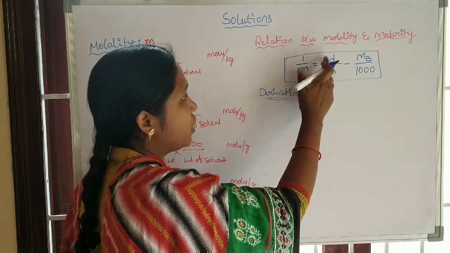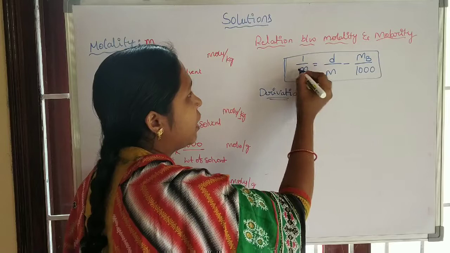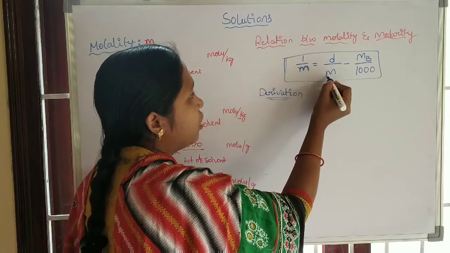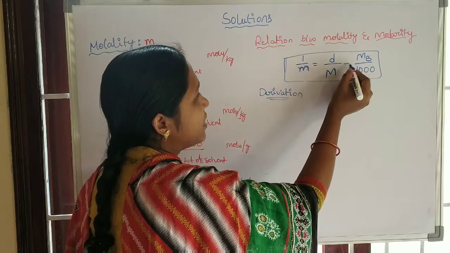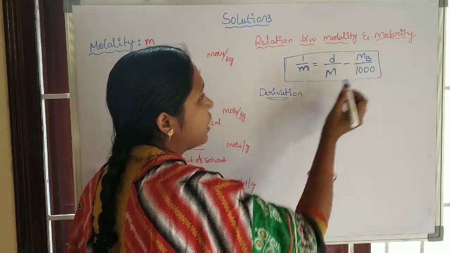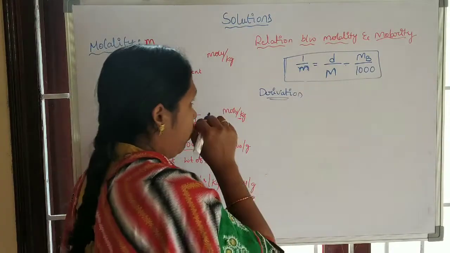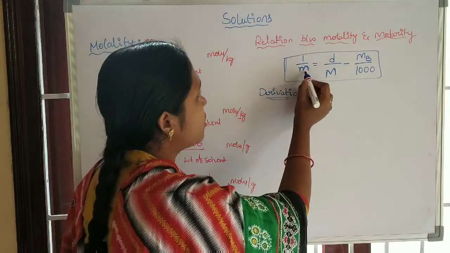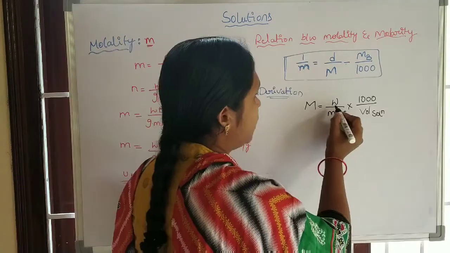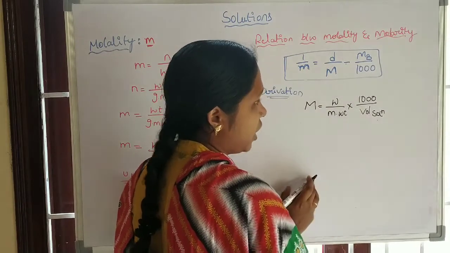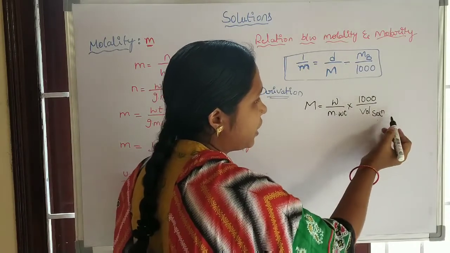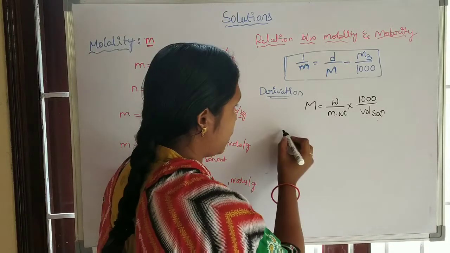1 by small m equal to density by molarity minus molecular weight of solute by 1000. Here small m is the molality. Here, on the right side of the equation, multiply and divide with the weight of solution.